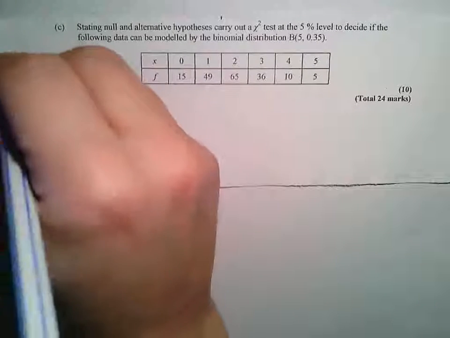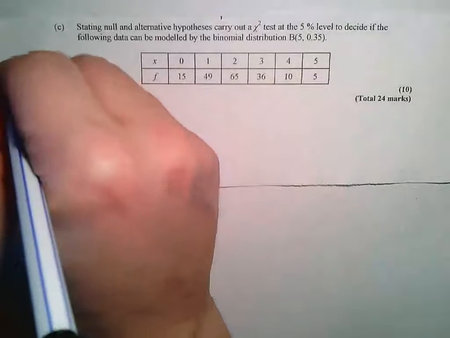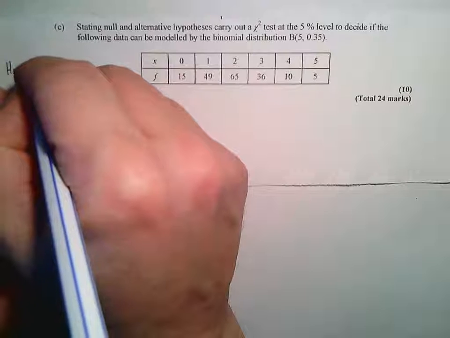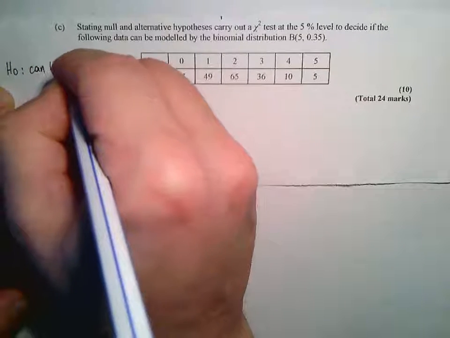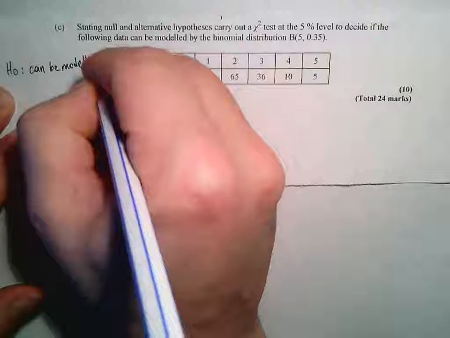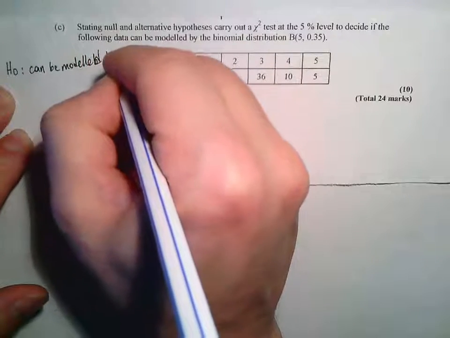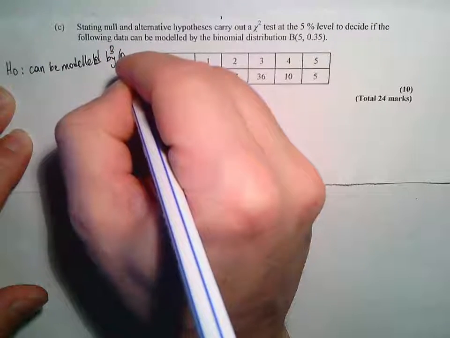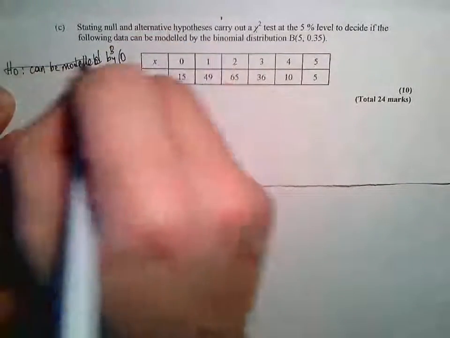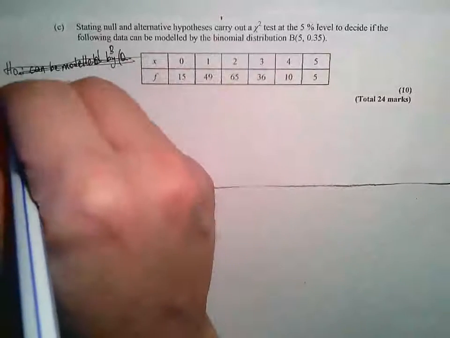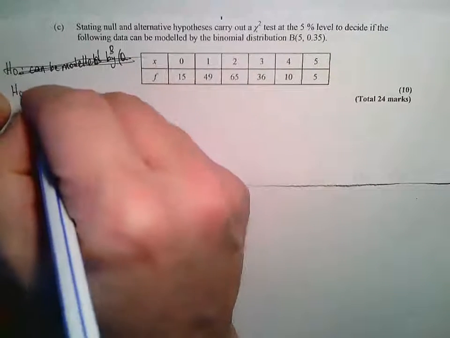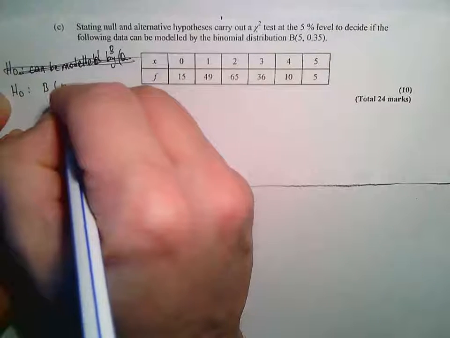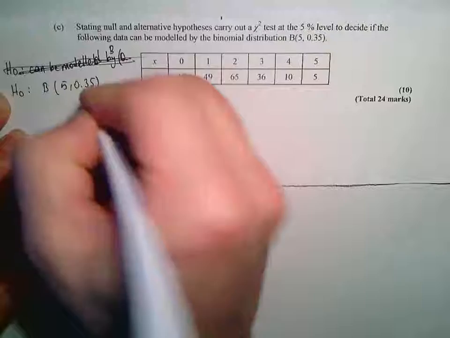Okay, let's state the two hypotheses, right? The null hypothesis, we can say that the data can be modeled by this binomial distribution, which is, let me do it again, 5 and 0.35.